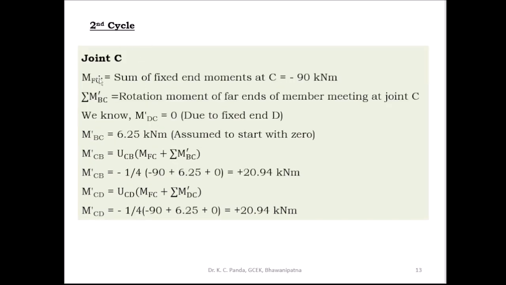Then again you go to joint C, and you know the sum of the fixed end moment at joint C is minus 90 kilonewton meter, and the rotation moment of the far end of members meeting at joint C, summation of m dash BC. You know m dash DC is equal to 0 due to fixed end, and m dash BC is equal to 6.25 kilonewton meter.